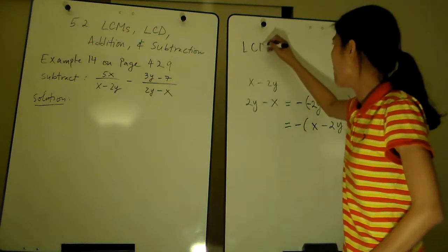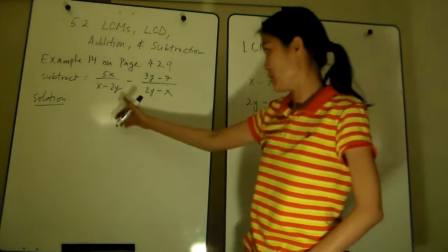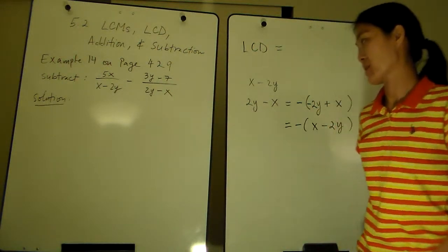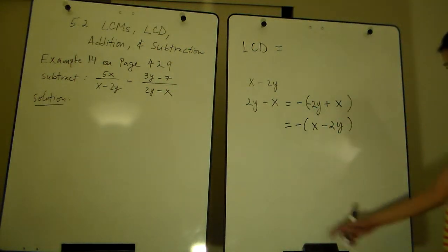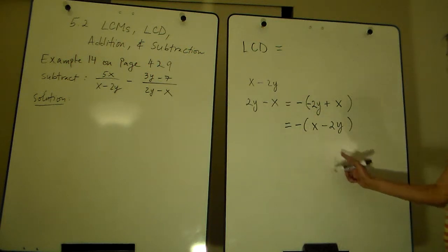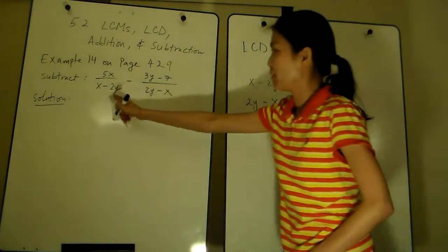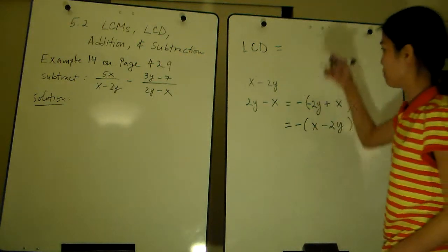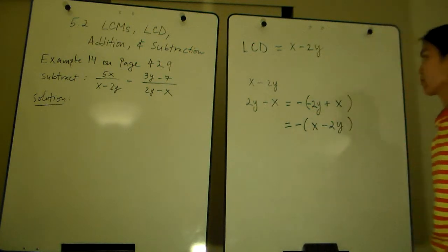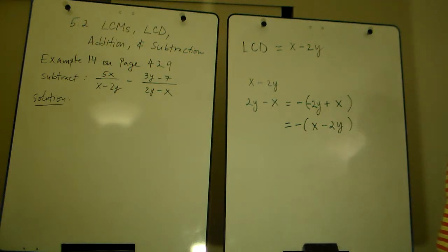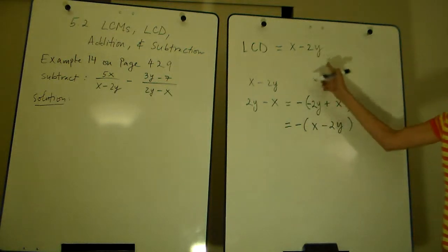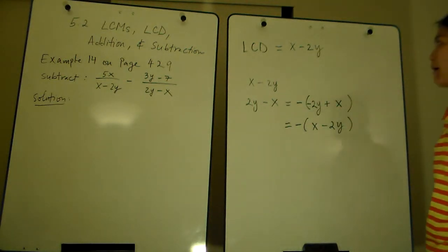Alright. Now, think about the LCD. You can use this denominator as the LCD or this denominator as the LCD, but since we already worked out the second denominator and factored this out, let's choose this one as the LCD, x minus 2y. So that means you need to convert the denominators of these two fractions to x minus 2y, the LCD, okay?